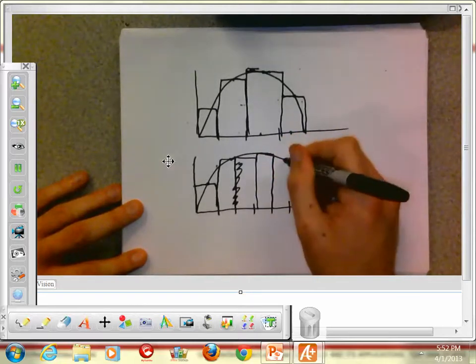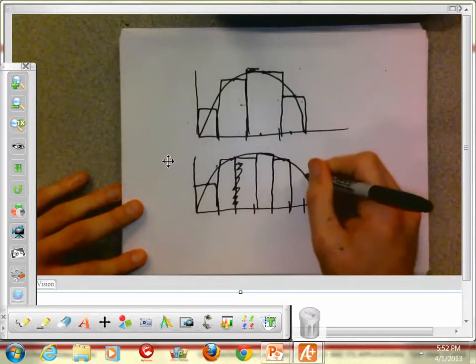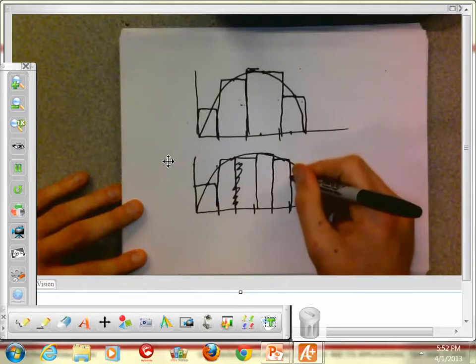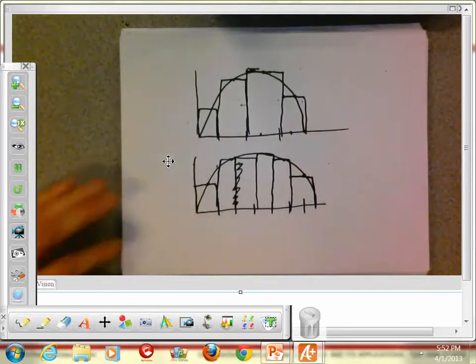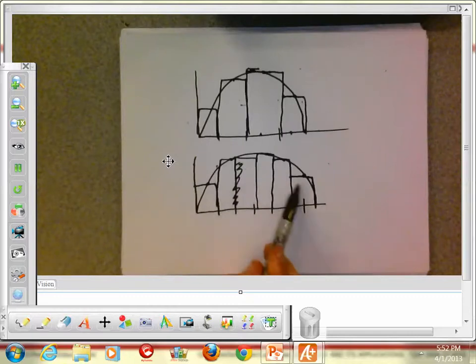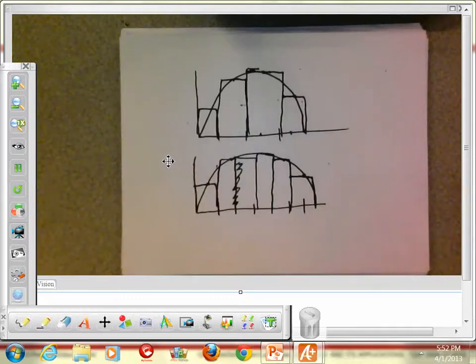And the next rectangle, say, is going to be something like this, and the next rectangle here something like this. Now, can everyone see that this is going to be a lot closer to the area under the curve than this one over here? And if I make more partitions and more rectangles, I'm going to get a closer answer. If I keep doing it, I'm getting closer and closer to the correct answer. Does everyone get the gist of what's going on here?